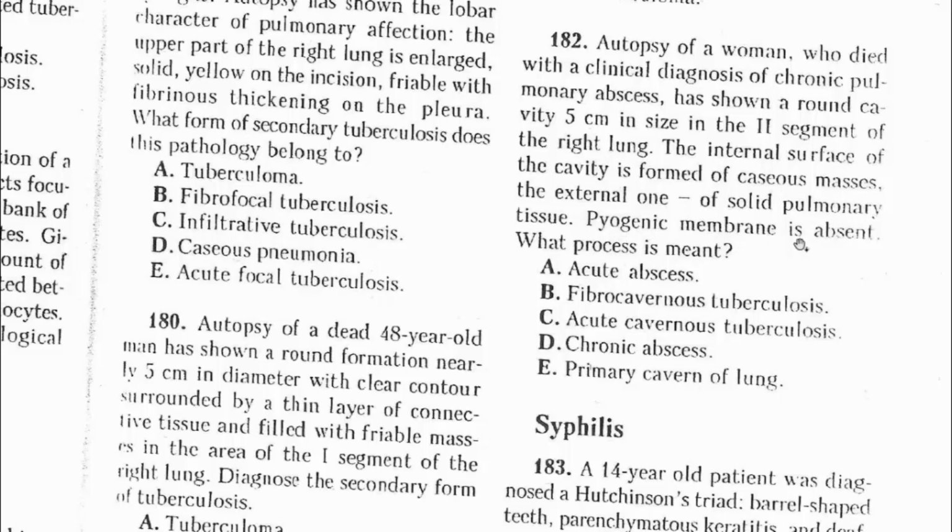Pyogenic membrane is absent. What process is meant? This is definitely acute cavernous tuberculosis. Why? It is characterized by the lesion of caseous necrosis and formation of a round cavity. Don't forget that. So the answer is C.